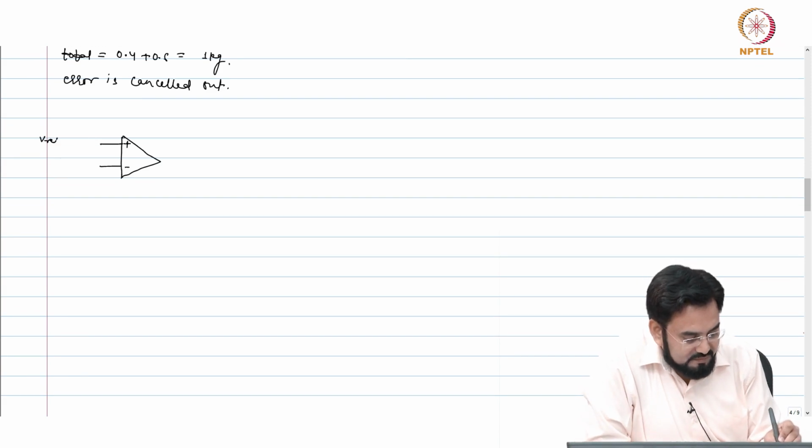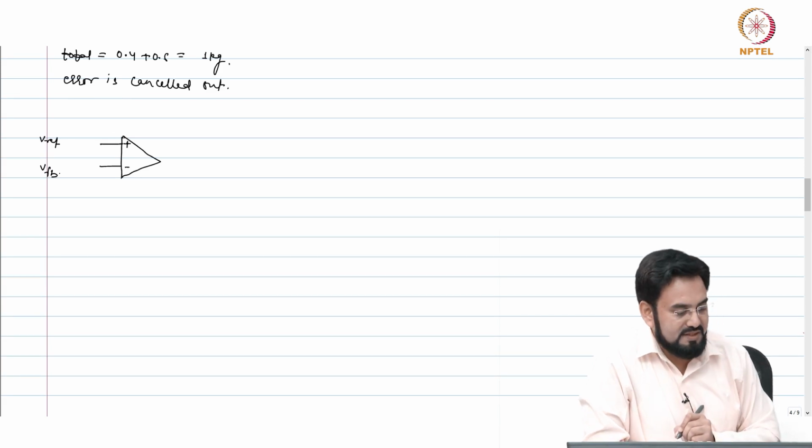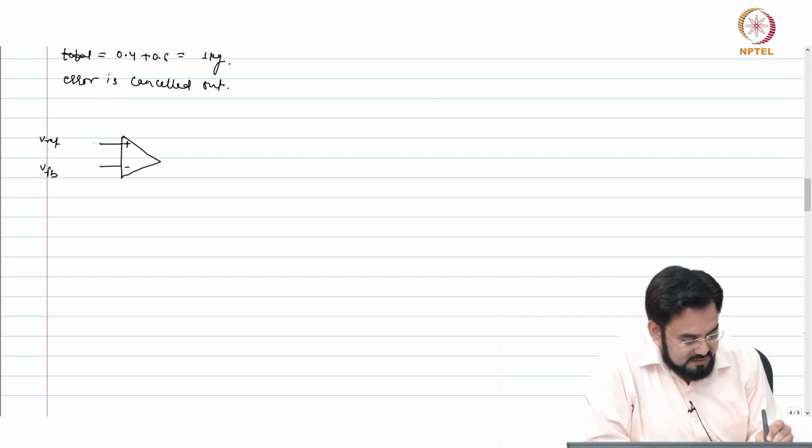So if this is Vref and this is your feedback voltage, let's say, then what you have, you have 2 switches VFB, and similarly you have 2 switches here, one will, other will, Vref.